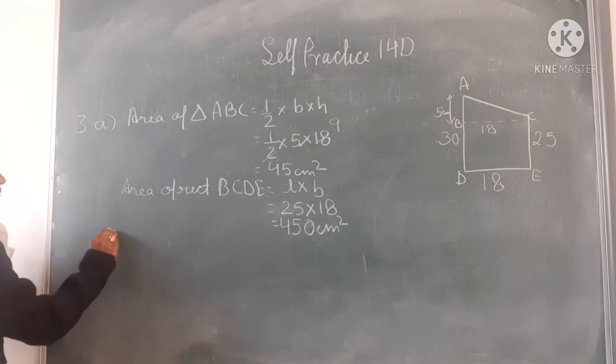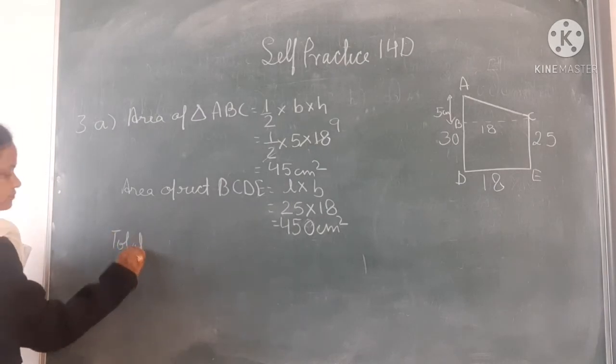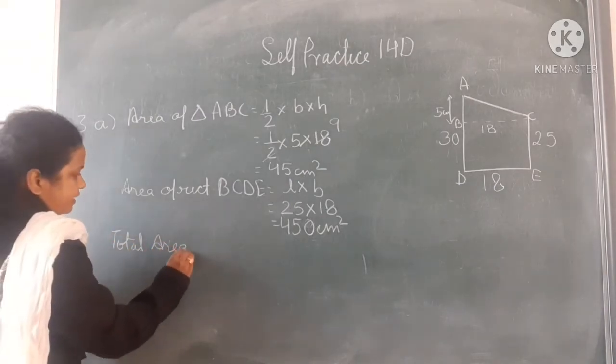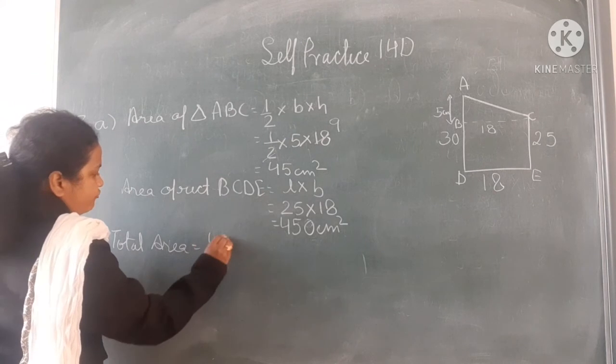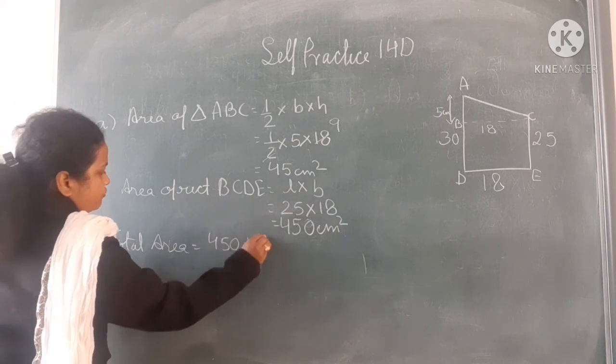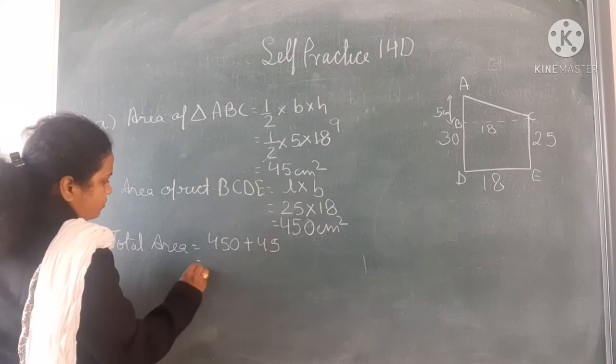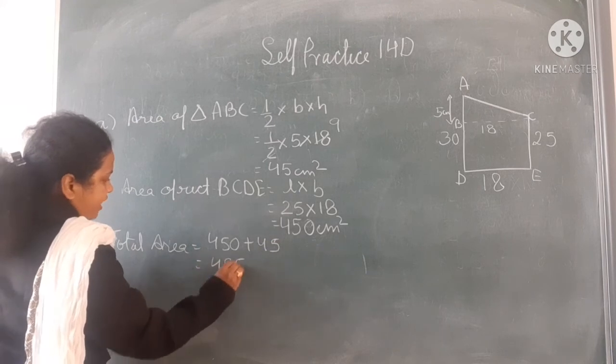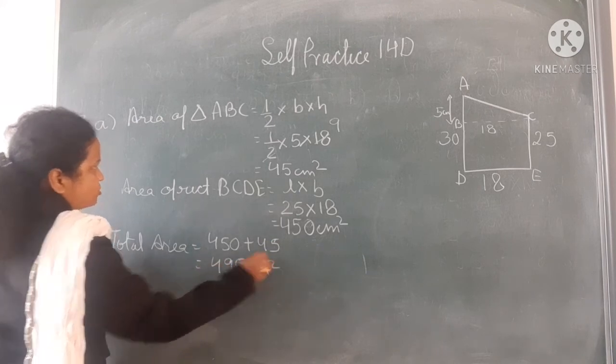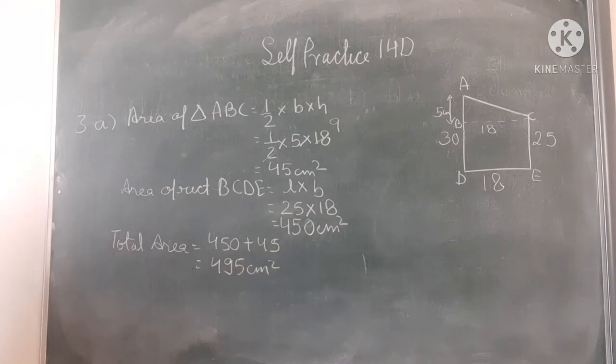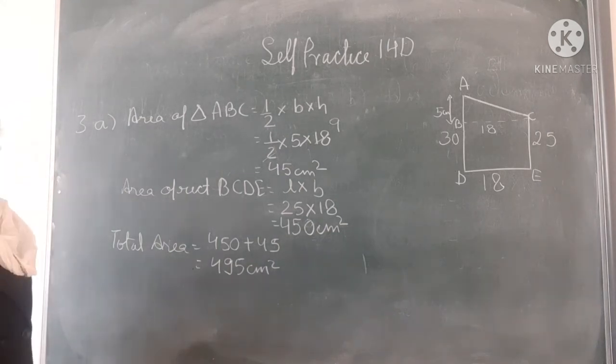Okay. Now what will be the total area? Total area is equal to 450 plus 45, which is equal to 495 centimeter square. Okay. What will be the total area? 495 centimeter square.